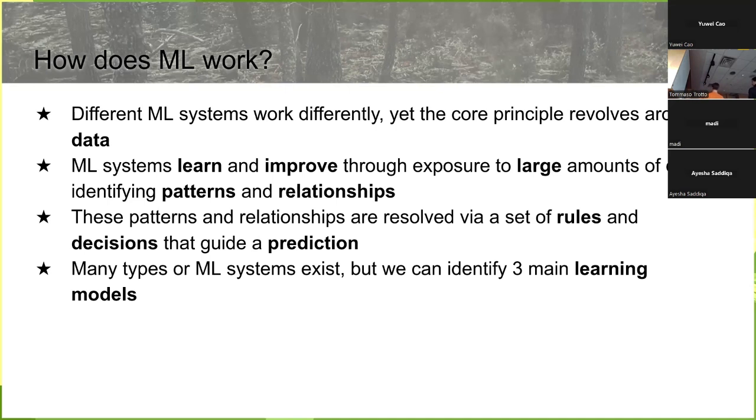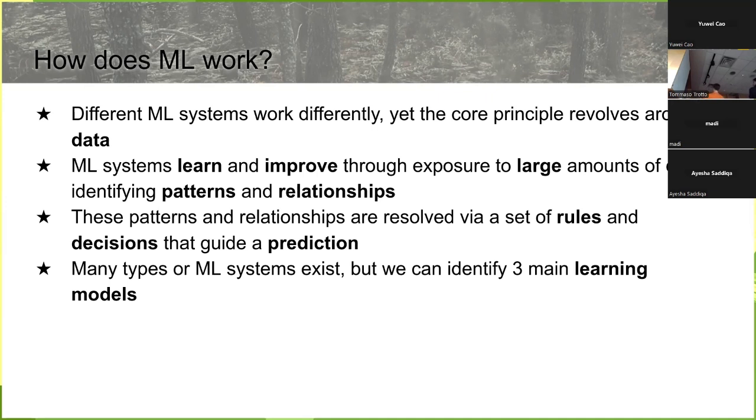They try to identify patterns and relationships within the data that was originally fed in. This is primarily resolved via a set of rules and decisions that are typical to specific algorithms, and these rules and decisions guide the ultimate prediction of what we're working with.